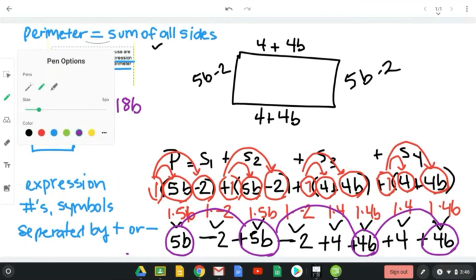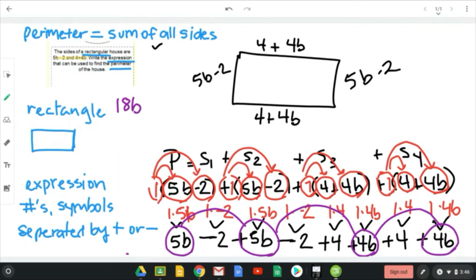Okay, now I'm going to take a different color and combine the constants. These are terms or numbers that stand alone. And notice I'm circling the negative because it is part of that number. Negative 2, negative 2, positive 4, positive 4.